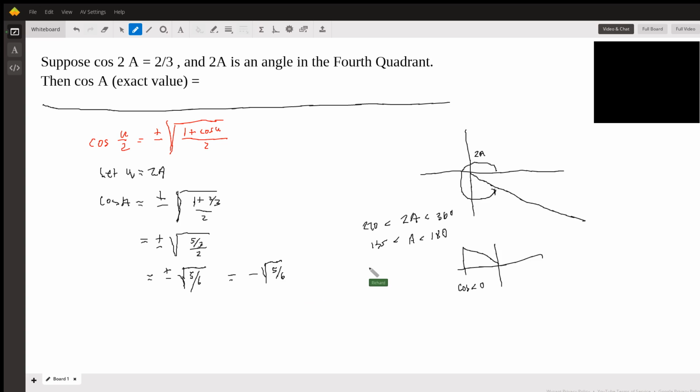Now, it's possible the student didn't know the half angle formulas, or it's possible maybe that he or she just got a little mixed up with some of the wording here. But it's fairly easy if you know the half angle formulas, which I have to admit I don't have all memorized.